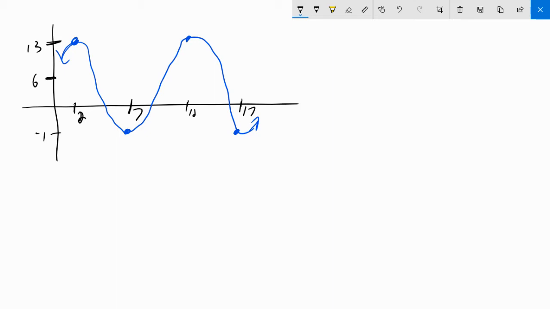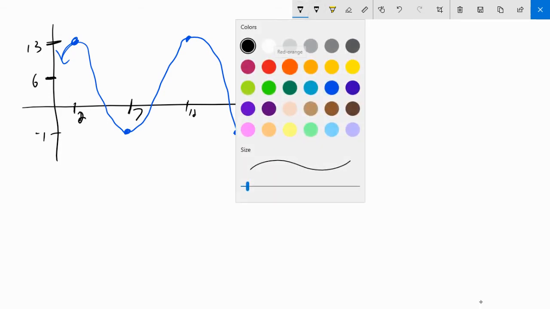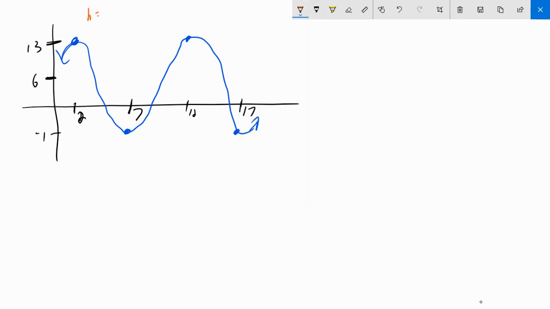Amplitude is 7 units up, 7 units down. Phase shift on this problem. I'm going to rewrite those values. H is 6, amplitude is 7, period equals 10. From that, W is pi over 5. Phase shift. I recommend you use the first max value.